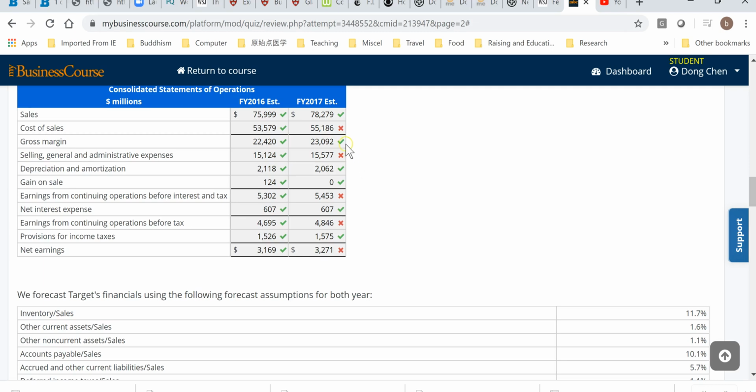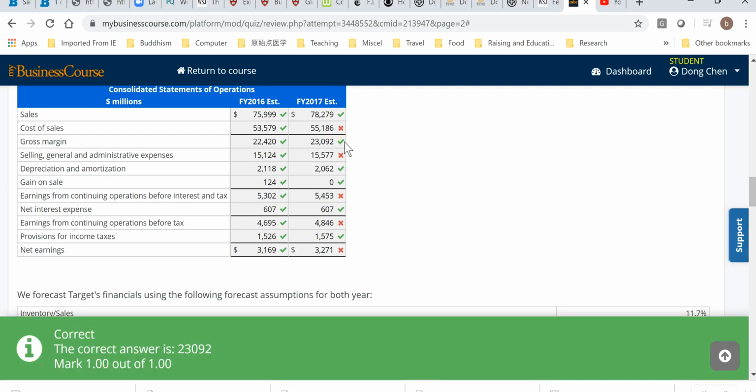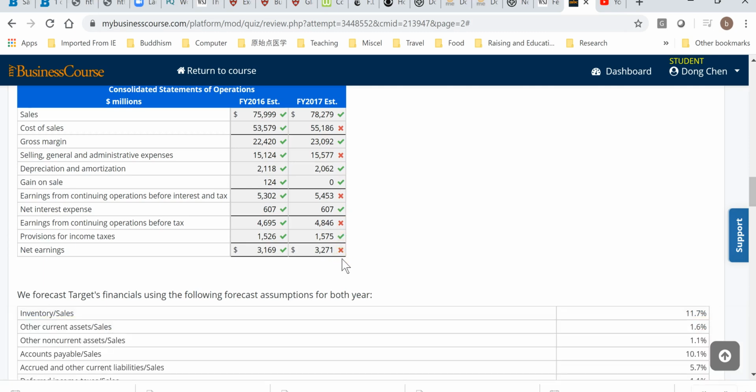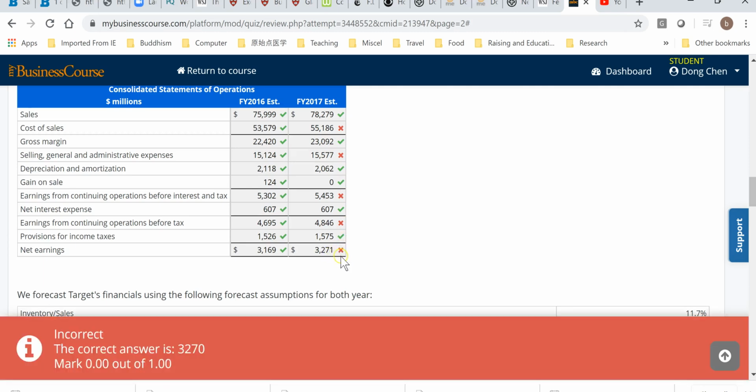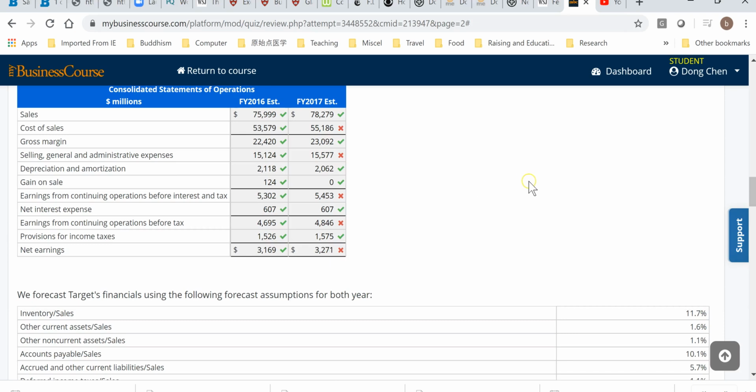This is actually due to a rounding issue with my business course. So if you have a similar issue, I'm going to add your points back. You can check that for each of these answers, it's just maybe $1 off. I guess that's based on small rounding issues. It's okay.